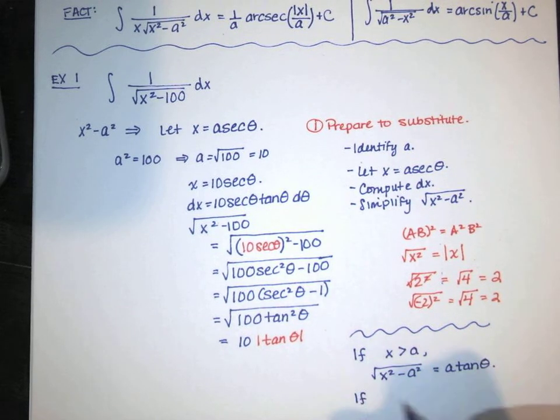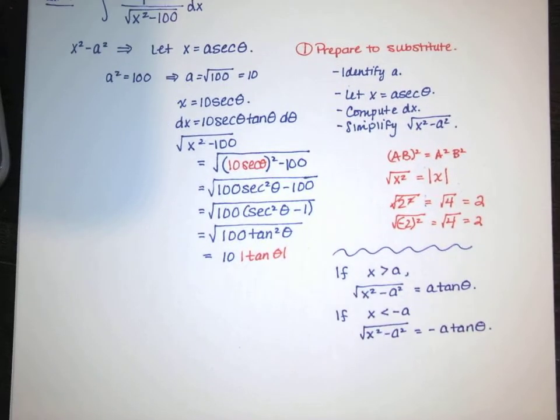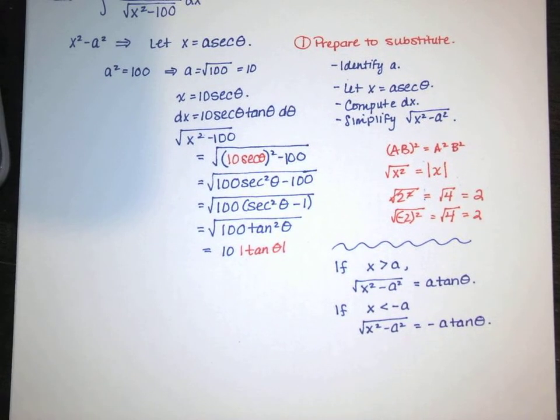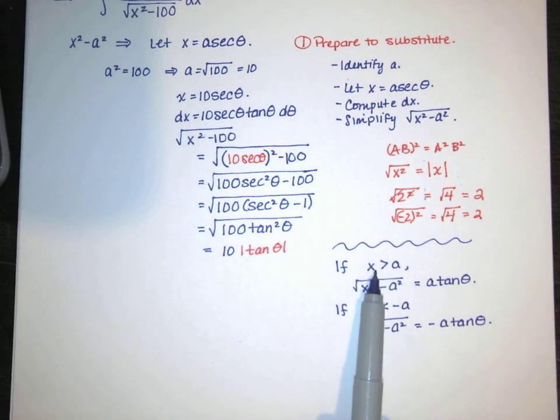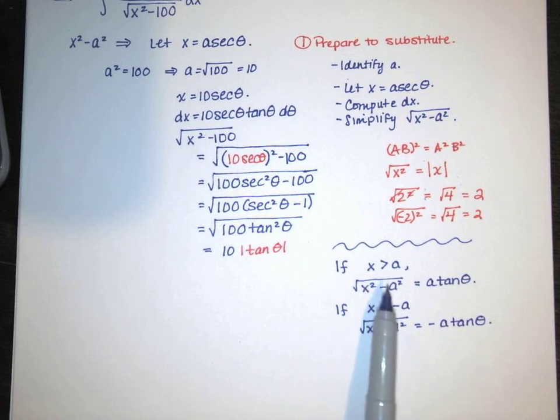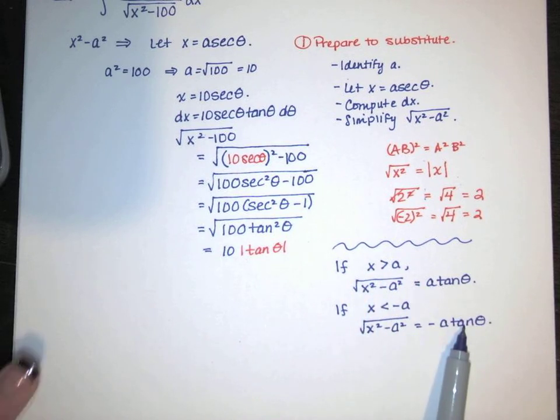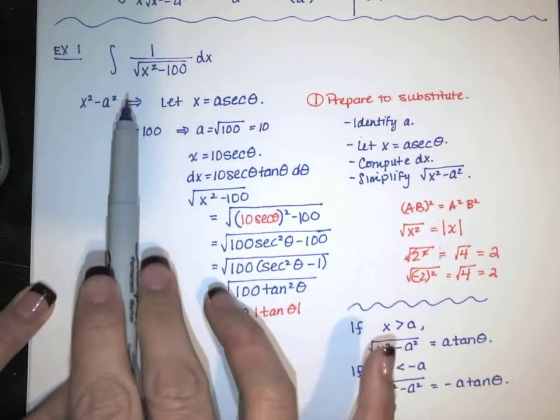And if I'm on an interval where x is less than negative a, we're going to say that it is negative a times tangent of theta. Now, I know it seems like an arbitrary rule. You're like, why are we doing that? That's for another video. And to figure out which one I'm going to use, the positive one or the negative one, I have to look at the bounds of the original integral.